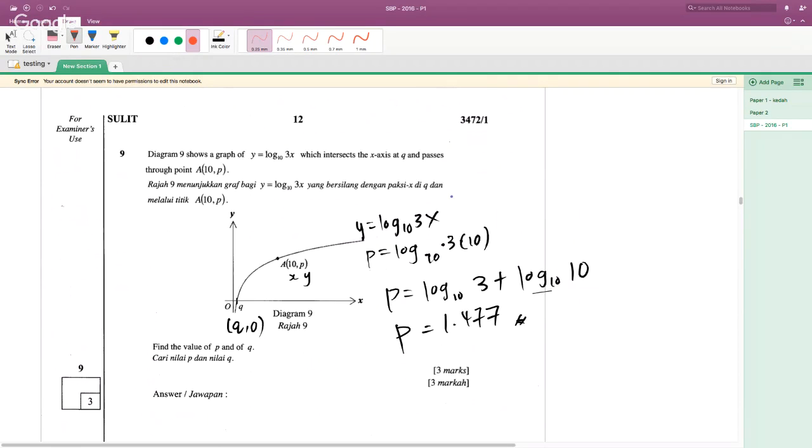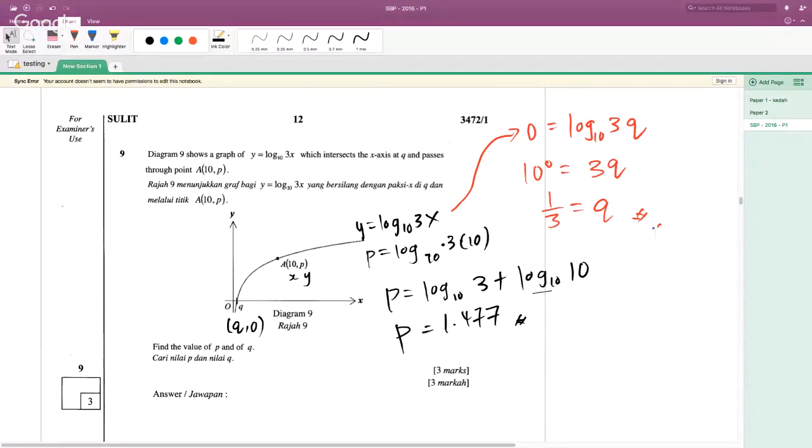Then I substitute back into the equation: y equals 0, and x changes to Q, so 3Q. I move the log base 10 to the other side, so 10 power of 0 equals 3Q. 10 power of 0 is 1. I move the 3 to the other side, so 1 over 3 equals Q. Done. This is a log question, though it looks a little like a linear law question.